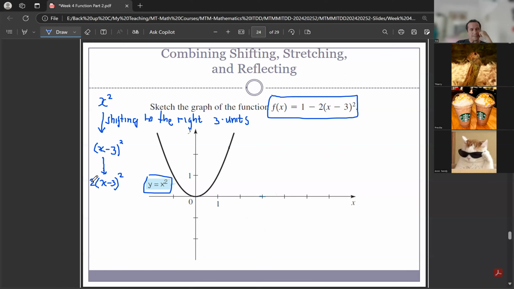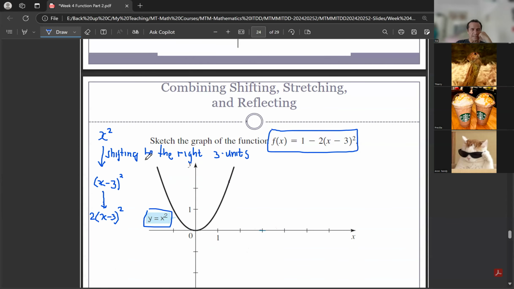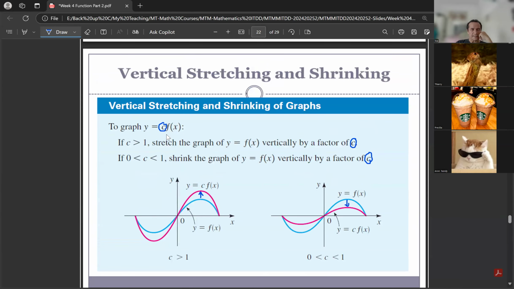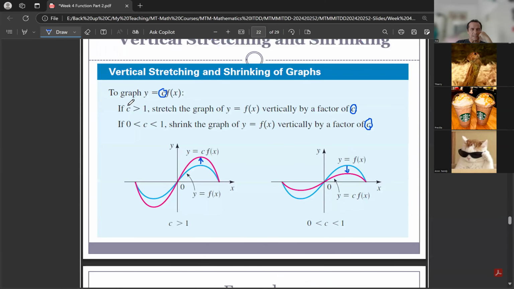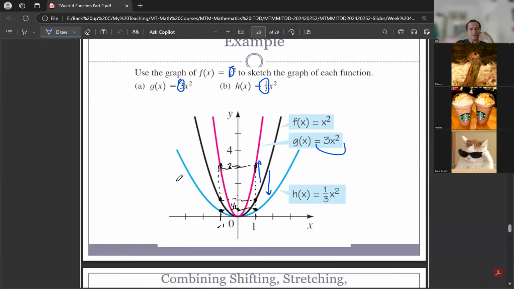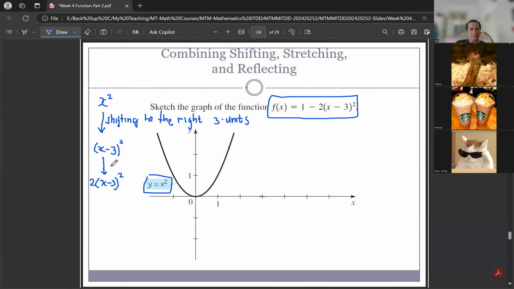Stretching. Vertically or horizontally? Vertically, because C is greater than 1, since C is 2. We stretch the graph vertically by a factor of 2. This is our note.